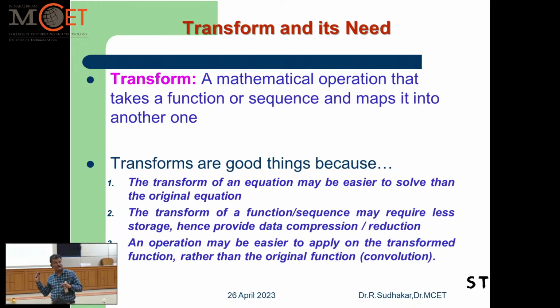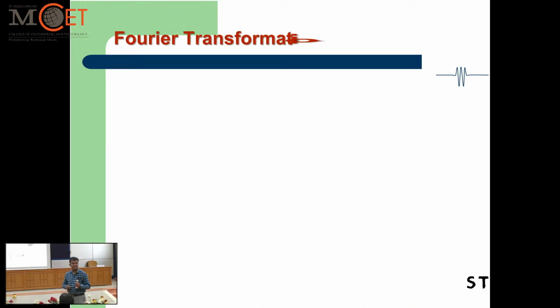Almost all your terms come from a scientist's name. Hertz is a scientist. Fourier is a scientist. All the terms are related to scientists' names only, right? So this is the person.